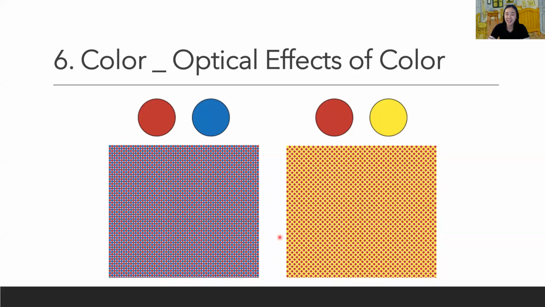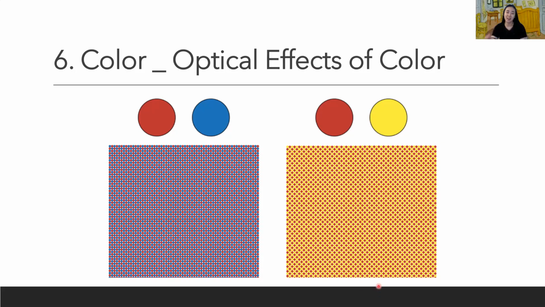One box is blue and red, and one box is yellow and pink. So can you see it a little bit, from so far away? It looked like dark purple. Someone said purple. Yes. Purple and orange.